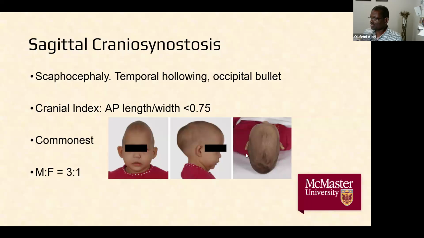In sagittal craniosynostosis and scaphocephaly, the index is usually less than 0.75. There are no units to it because the centimeters will cross out the centimeters. And it is the commonest, and it is common in males, with a ratio of 3:1.